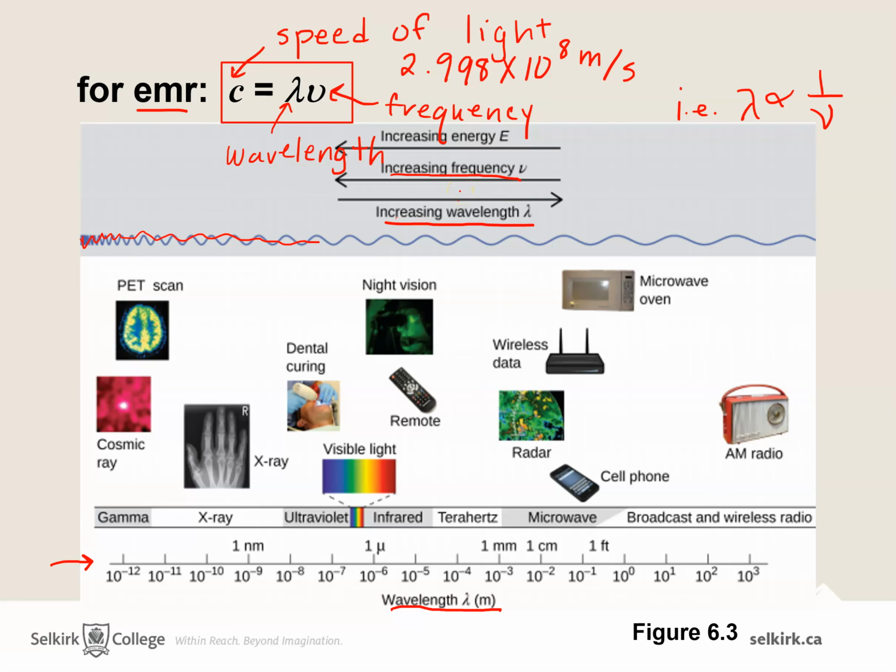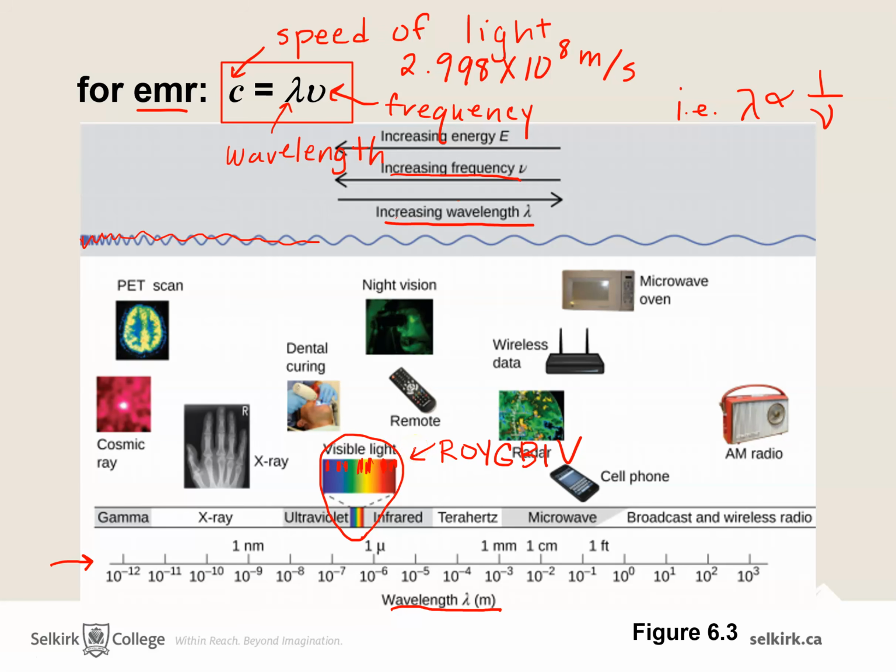Now, just for fun, visible light is just one small part of the electromagnetic spectrum. And if you want to win a trivia challenge, do you know the way to remember the colors of the rainbow? I was taught Roy G. Biv just for fun. And you can see red, orange, yellow, green, blue, indigo, and violet.